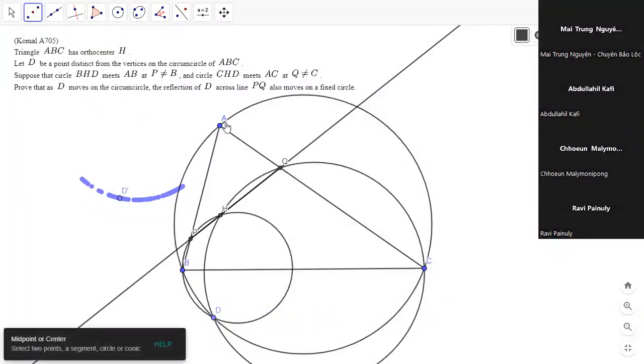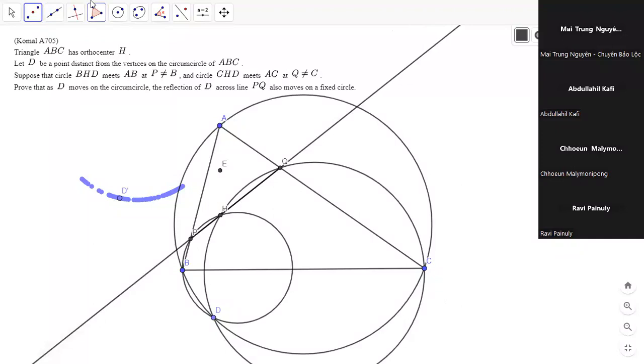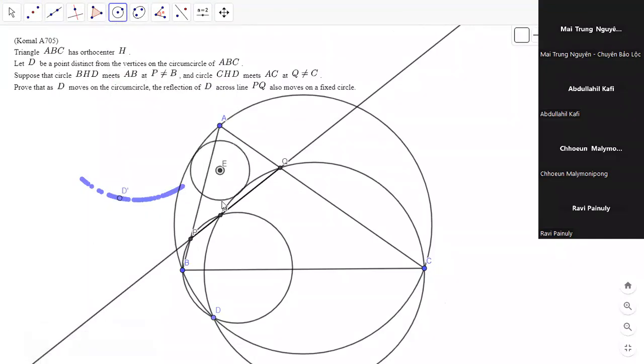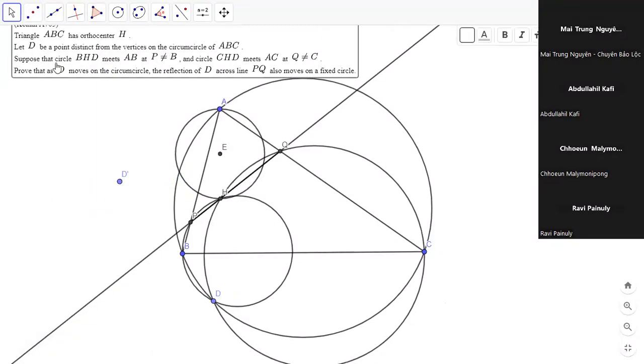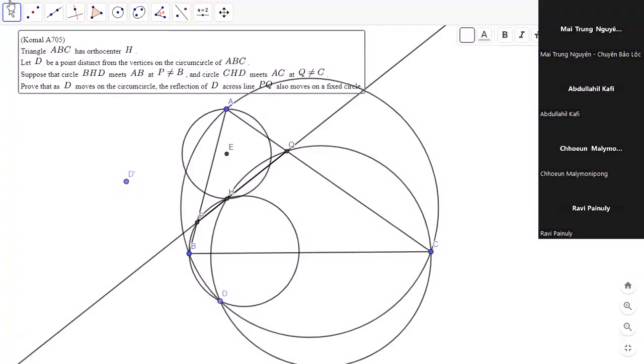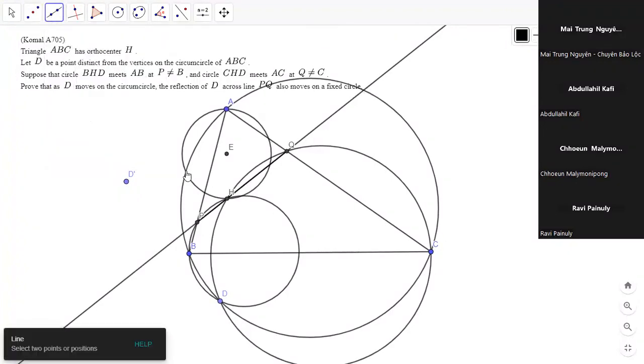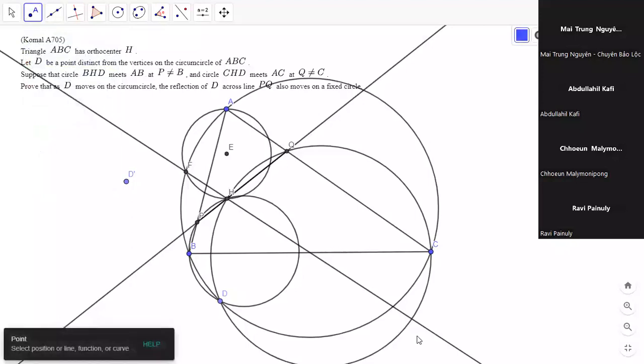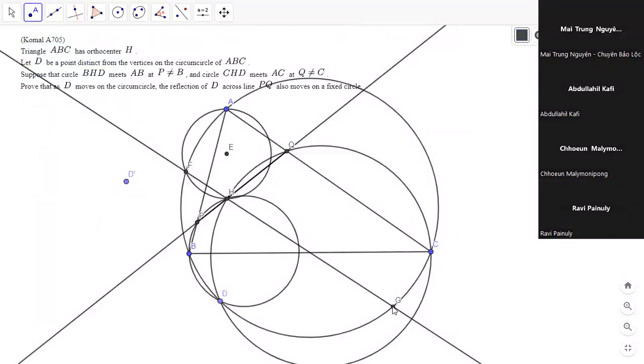Okay, so interesting. And yeah, now that you say that, I see why it's true, because this passes through the midpoint of BC.